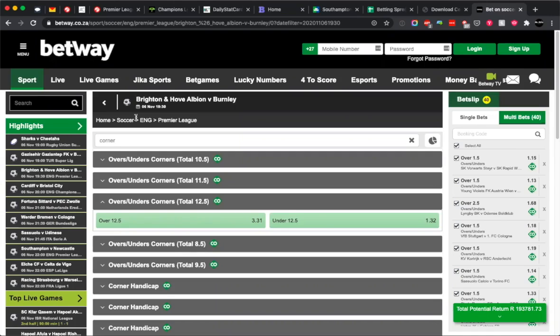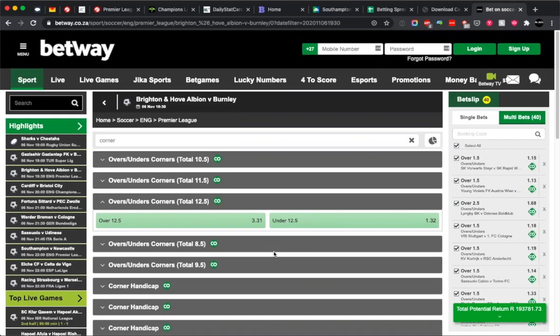So as you can see here, under 12.5 for the Brighton game is at 1.31. So the overs and unders corners, basically they work similar to the way you have your overs and unders in goals. The only difference is on different sites, some of them start with over 8.5 and others start with over 7.5.